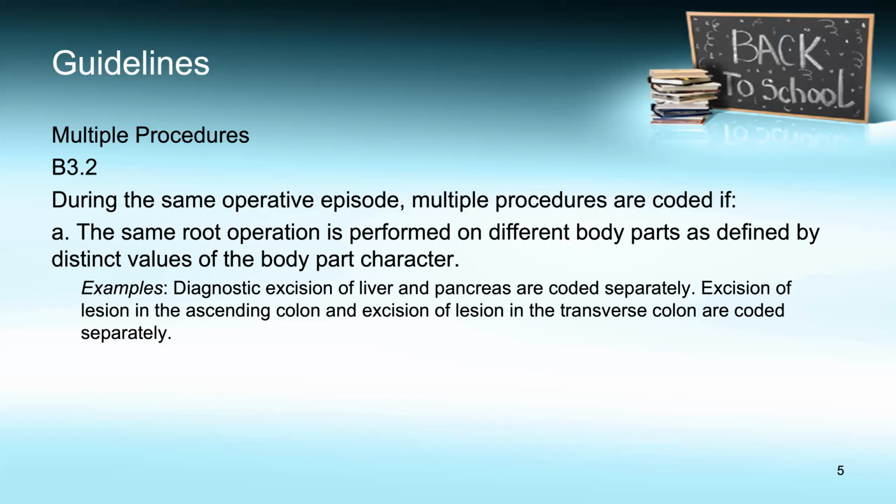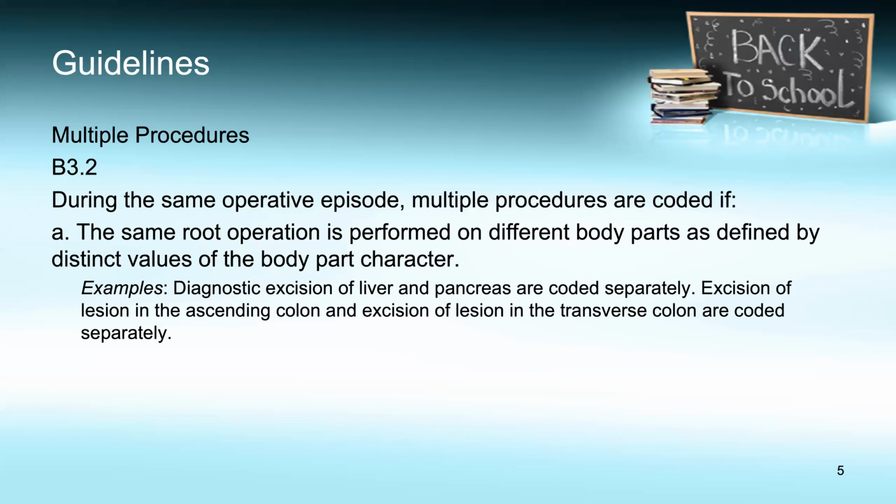If PCS gives it a distinct value in the tables, then those are considered distinct body parts or separate body parts. This also applies when we're talking about excision versus resection, where we say all of a body part versus some of a body part. That body part that we're talking about is body parts as defined by the distinct character values in PCS.